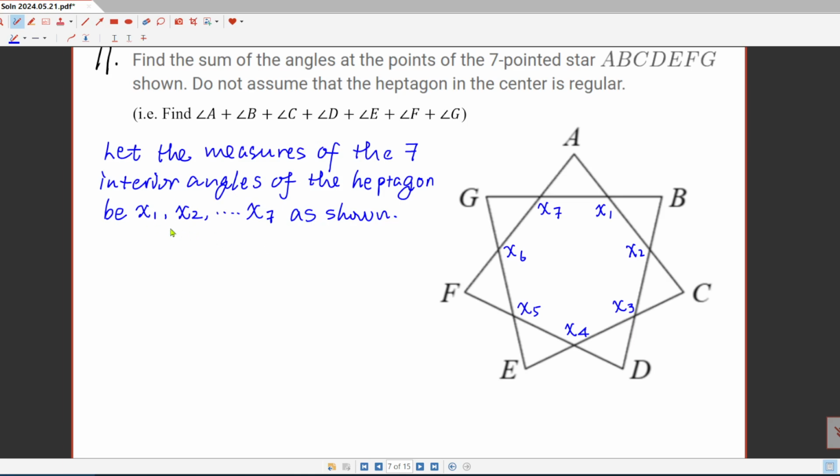The sum of these angles is, we know the sum of the interior angles of an n-gon is 180 degrees times n minus 2, right? Therefore, we have 7 minus 2, which is 900 degrees, right?